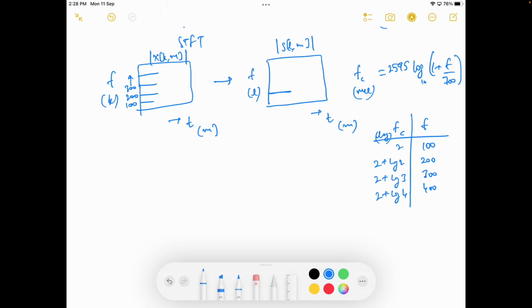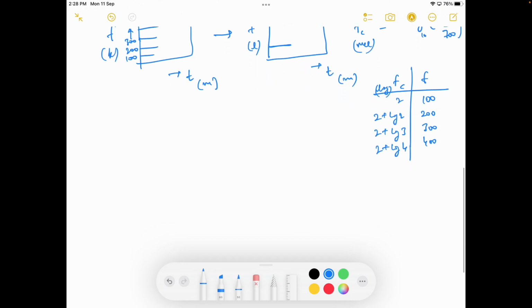So you can see that the distance between adjacent peaks is independent of F naught. It depends only on which number it is: second harmonic, third harmonic, fourth harmonic, like that. All right? This is what we discussed.